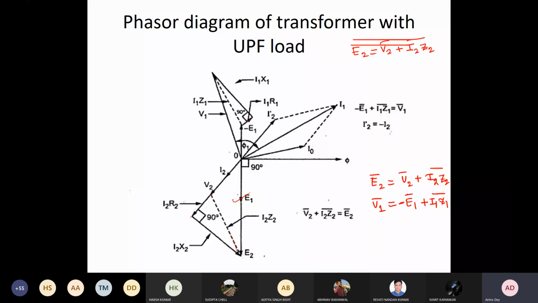So E1 is here, and we cannot draw it out from here onwards. This is not correct, because they are out of phase to maintain Lenz's law, otherwise it will violate the principle of energy conversion. Okay? Yes sir. Okay, fine.